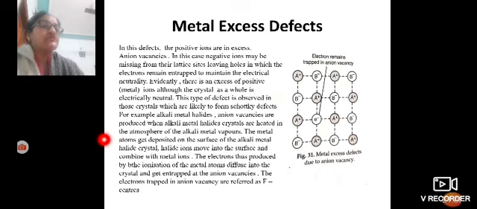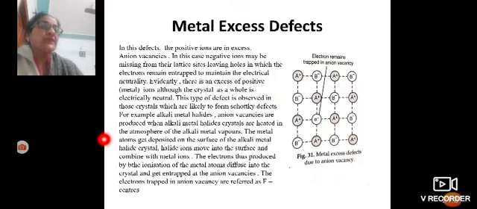this type of defect is observed in those crystals which are likely to form Schottky defect. For example, in alkali metal halides, anion vacancies are produced when alkali metal halide crystals are heated in the atmosphere of alkali metal vapors. The metal atom gets deposited on the surface of the alkali metal halide crystal.